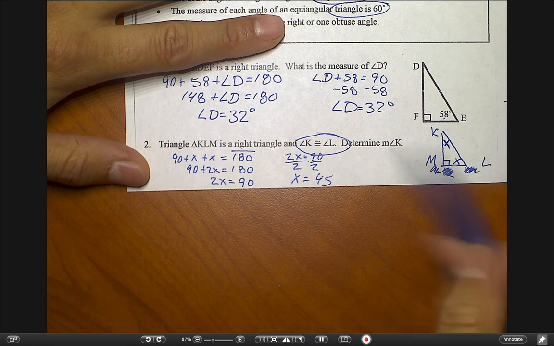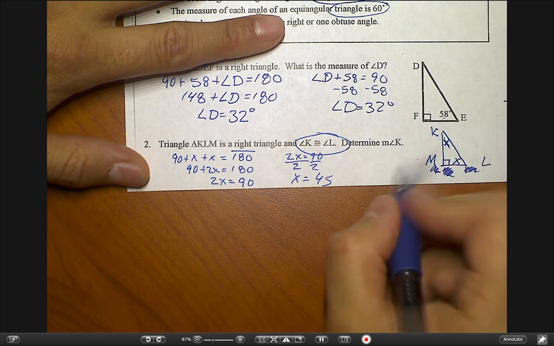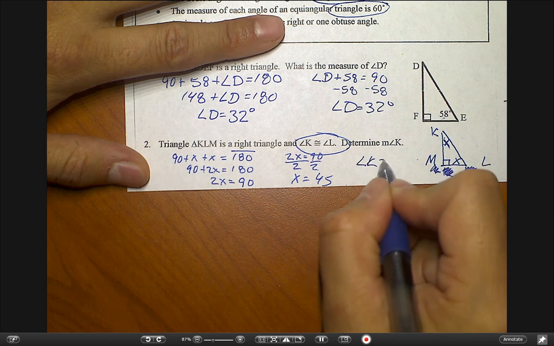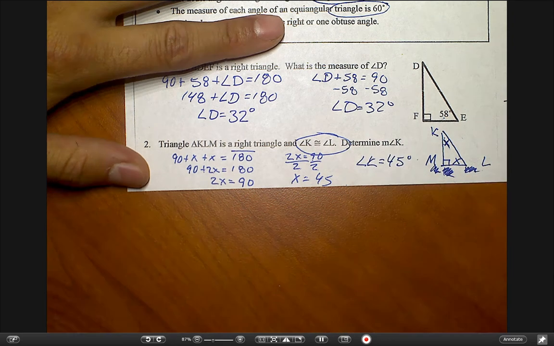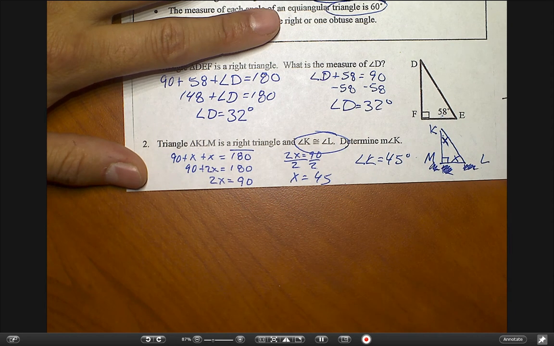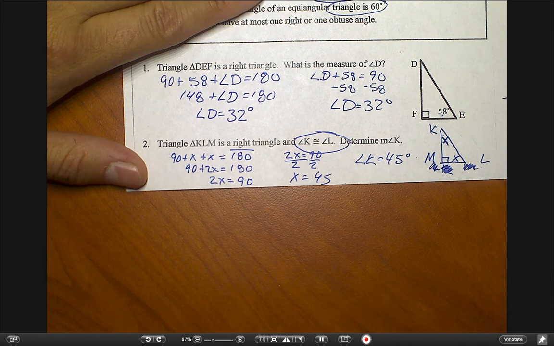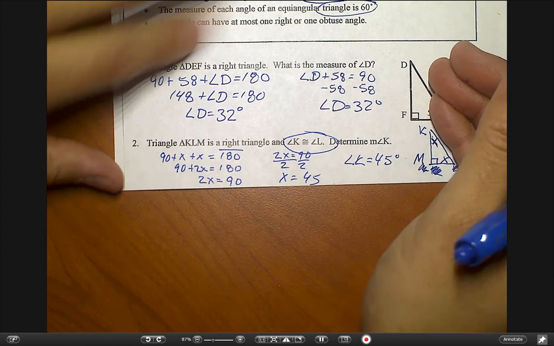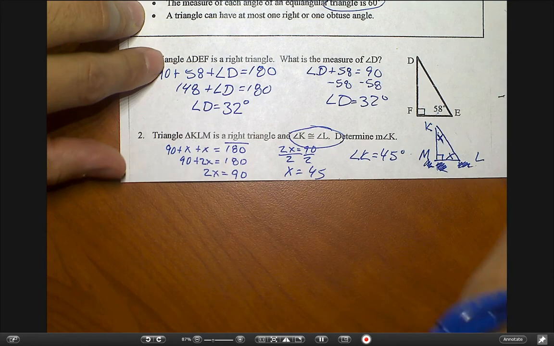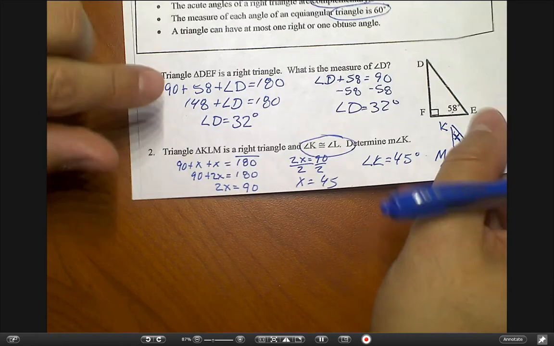So angle K is 45 degrees, and angle L is also 45 degrees. But do I have to label angle L? No, because it's only asking for angle K, right? Alright, so pretty simple. It just talks about trying to solve for the different angles using the information that we already know.